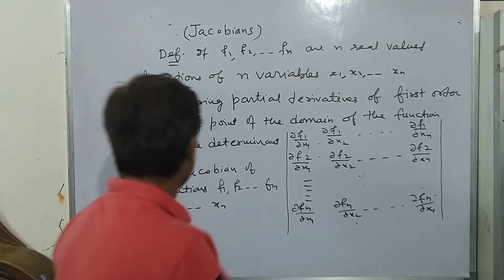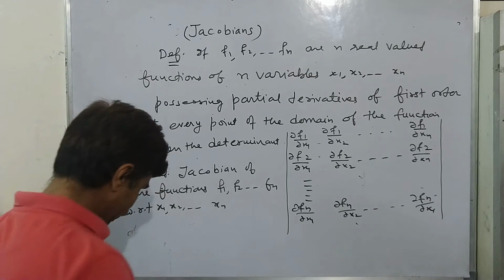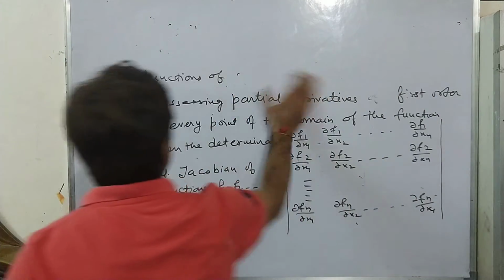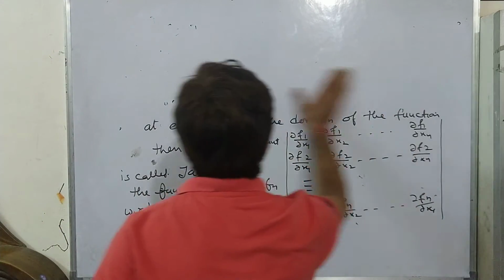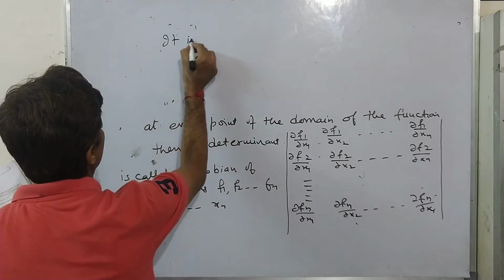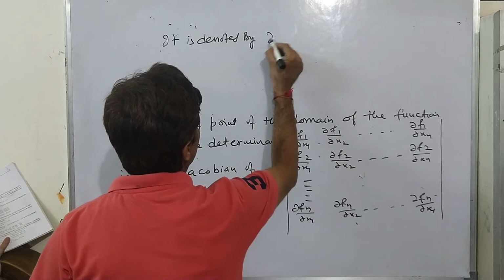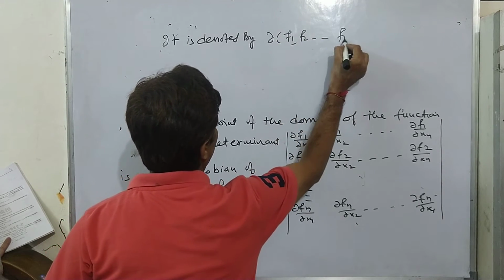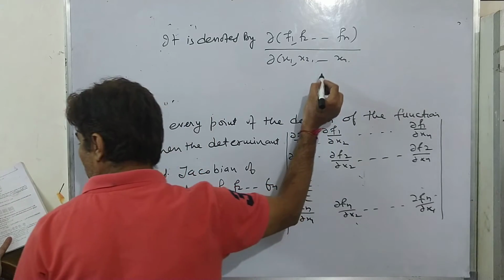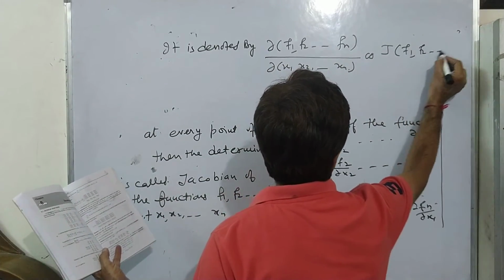This determinant is called the Jacobian of the functions fi with respect to xi, and generally it is denoted by ∂(f1, f2, ..., fn)/∂(x1, x2, ..., xn), or J(f1, f2, ..., fn).